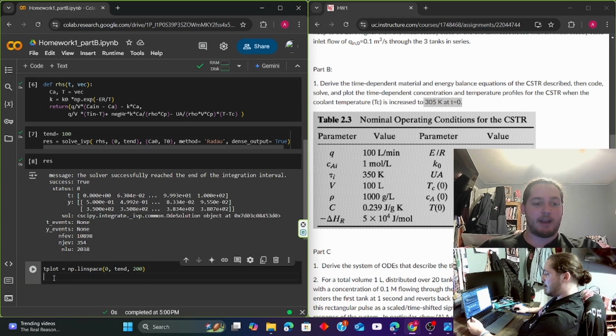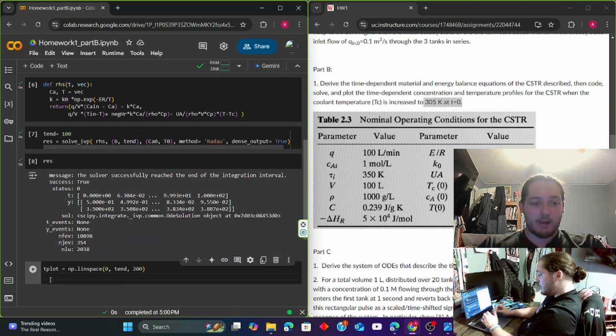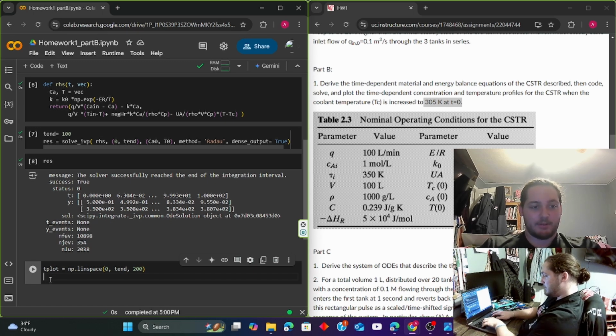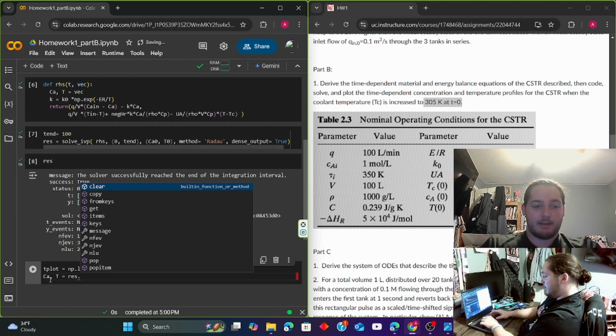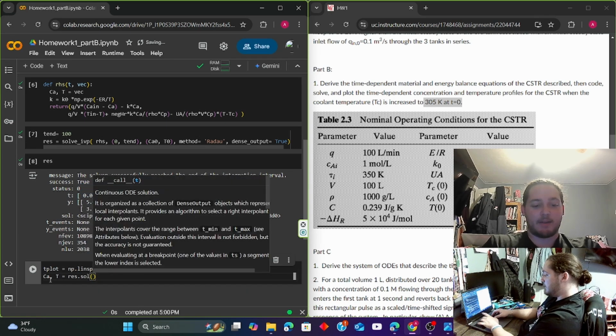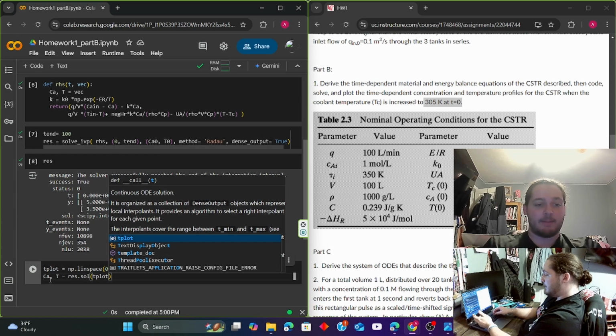So now that we have created our x values, we want to input these values into our function in order to calculate our y values for our respective concentration and temperature. So doing so, we can say our concentration and temperature is equal to our res.sol, and that is going to be evaluated at these values for our t_plot that we have created.